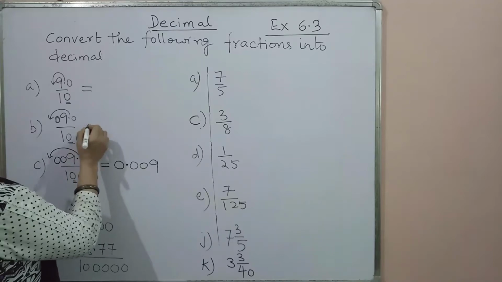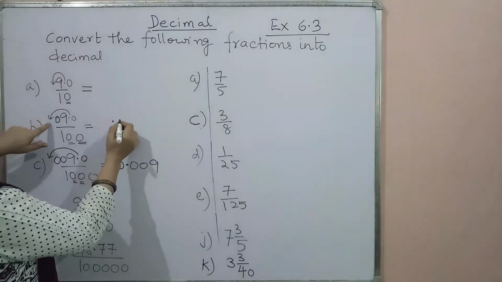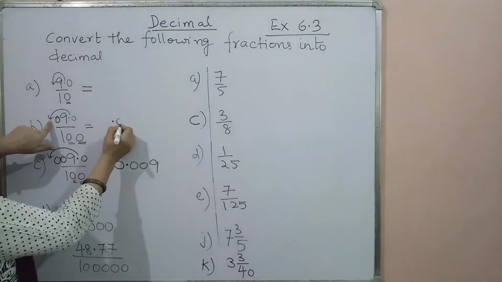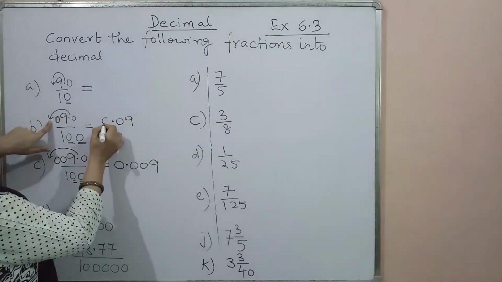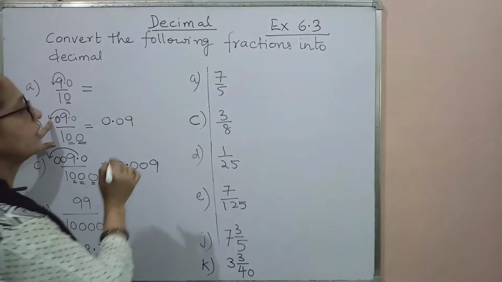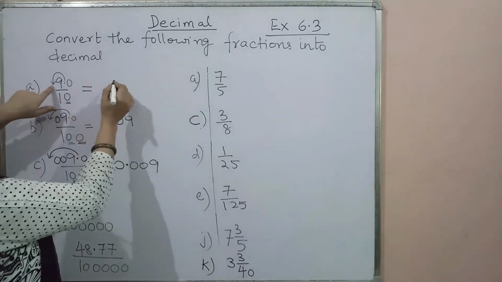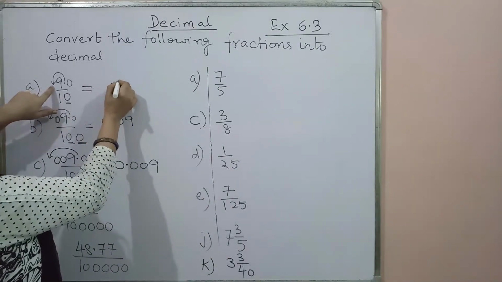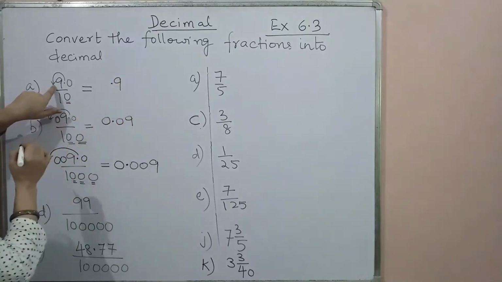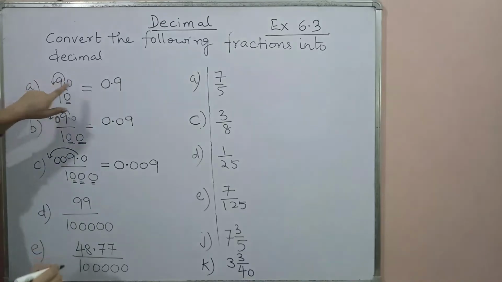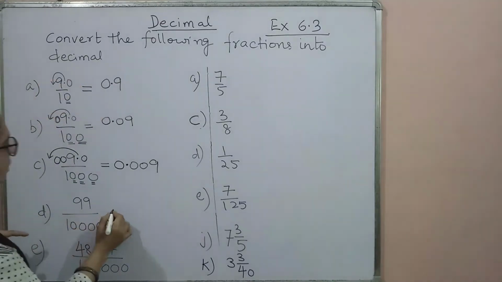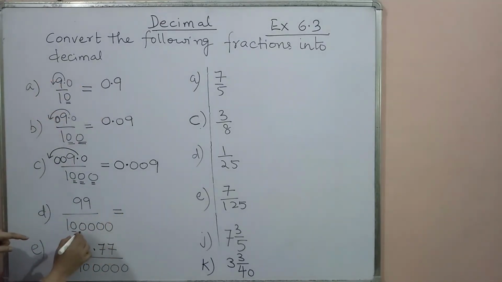Now come to this answer. We know the answer is 0 point, then we have 0 and then 9. But for good habit, we need to add a 0 before the decimal. Here you can find 1, 2, 3, 4, 5 zeros.